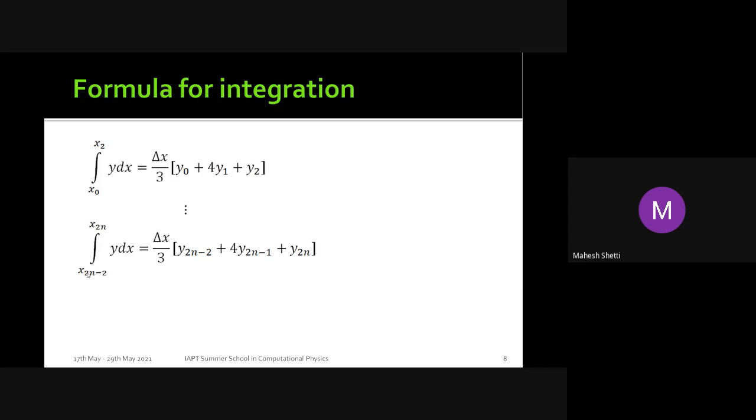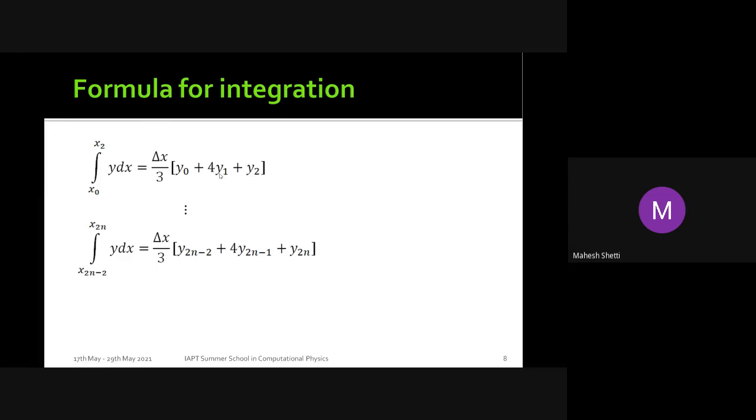When I calculate similarly the last interval x2n minus 2 to x2n, I'm going to get delta x divided by 3 times y2n minus 2 plus 4 times y2n minus 1 plus y2n. Now when you add all these things, see what is going to happen. First y0 remains as it is, last y2n remains as it is.